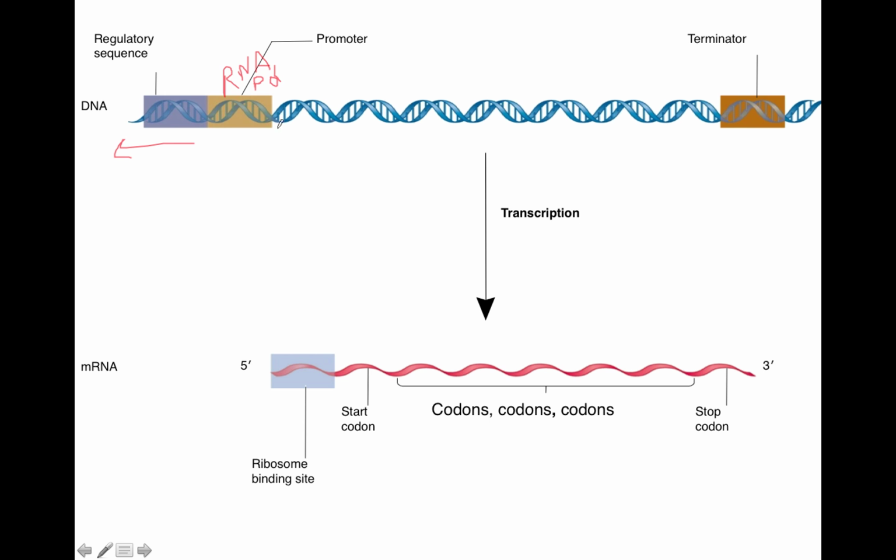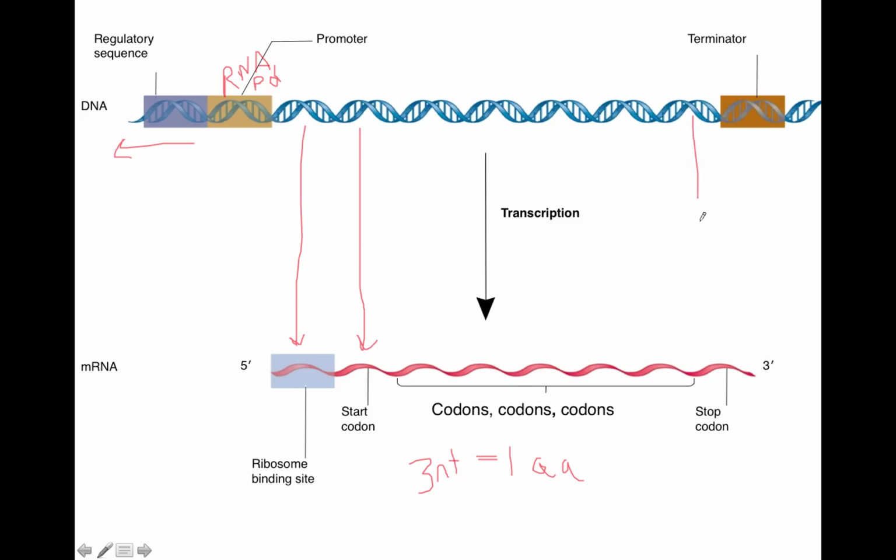Now embedded in this coding region of the RNA molecule are things like a ribosome binding site, the start codon for translation. This is where the first amino acid is encoded, right here. Many other codons. Remember that 3 nucleotides equals 1 amino acid. Each codon is a sequence of 3 nucleotides, and each 3 nucleotides equals an amino acid.